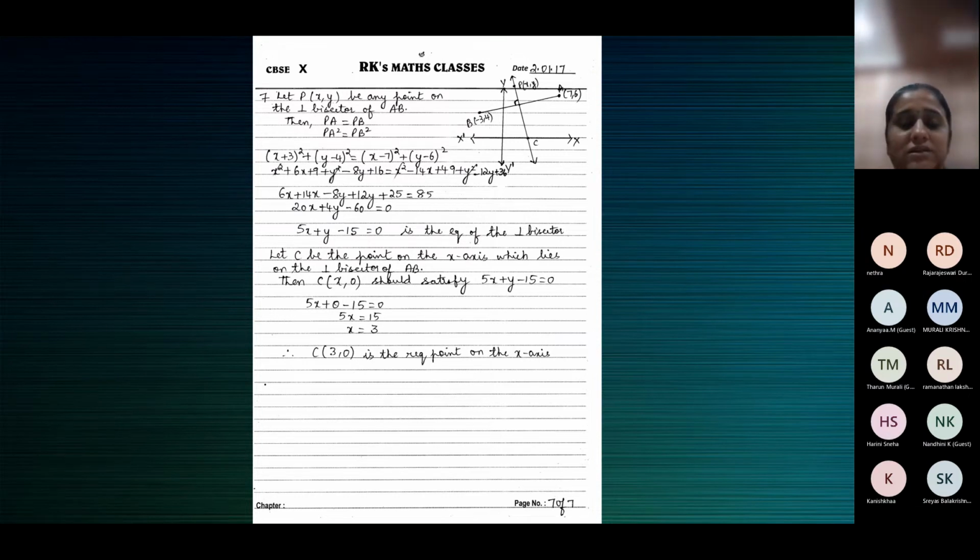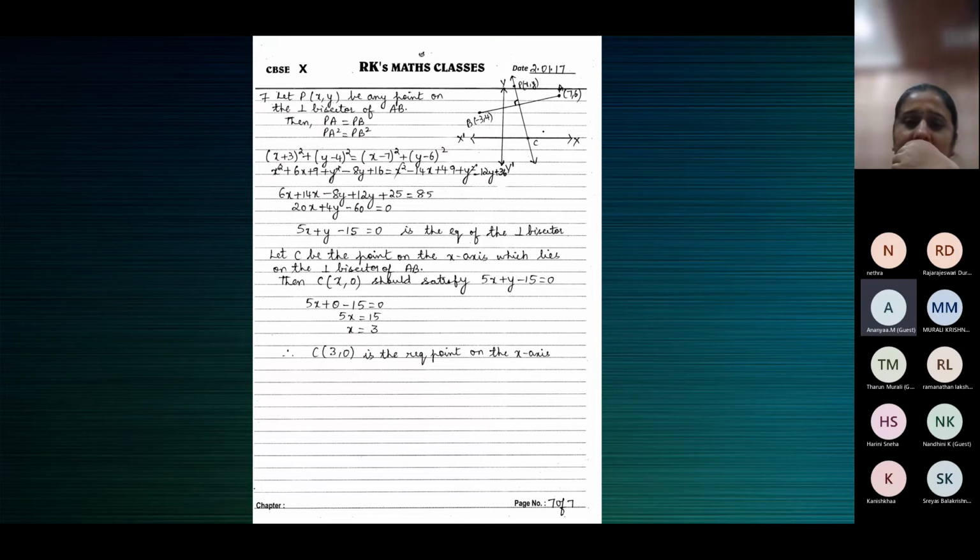Yes, Ananya? Using two points, P(x, 0) and O(x, y), but I'm not getting the equation of the perpendicular bisector. I took P(x, 0) as the point on the perpendicular bisector and O(x, y) as the point on the perpendicular bisector that divides AB. Since both the triangles are congruent, PA equals PB.